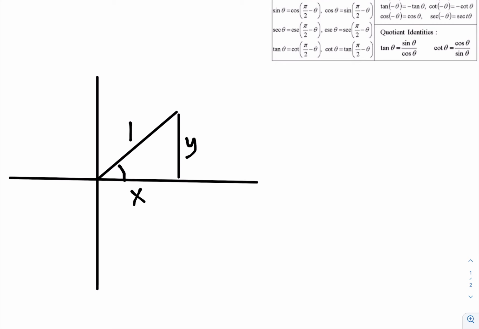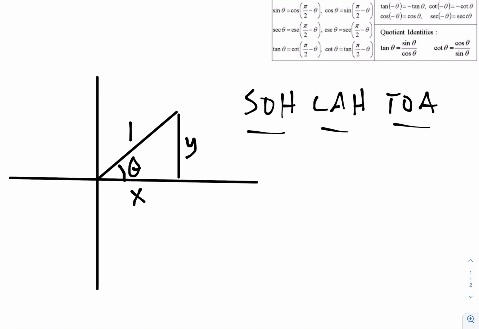So how could we figure out what y is? Well, we know this is our angle theta. We're not sure what it is, but we're just going to leave it general in terms of theta. y is going to be the opposite side to theta. If we're dealing with an opposite side and we know the hypotenuse, thinking back to SOHCAHTOA, which of these three deals with opposite and hypotenuse?